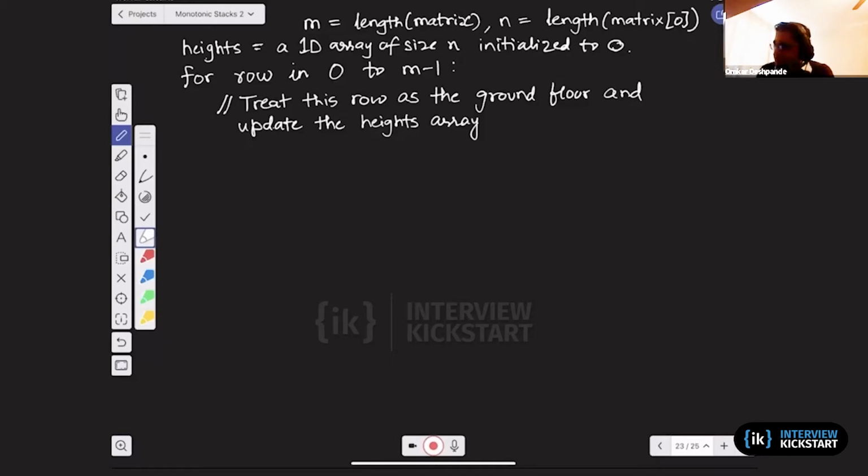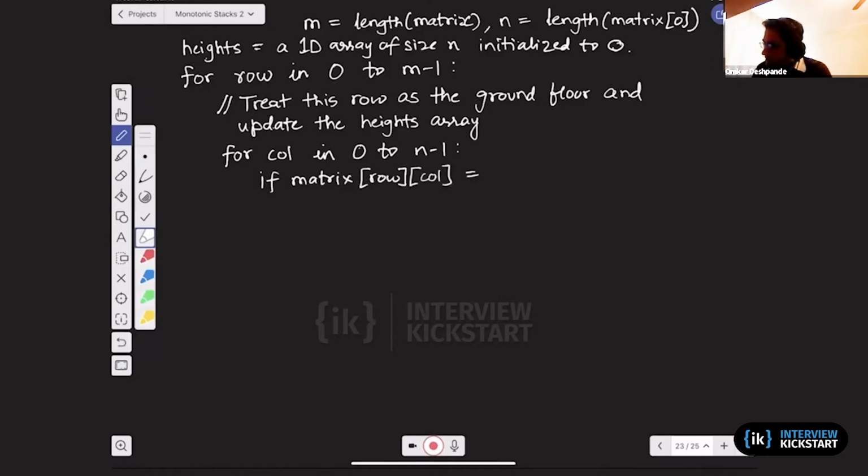So how do we update the heights array for this floor? Well, we go through each column. And if it is a 1, we're going to add 1 to the histogram, if at that particular cell we see a 1.